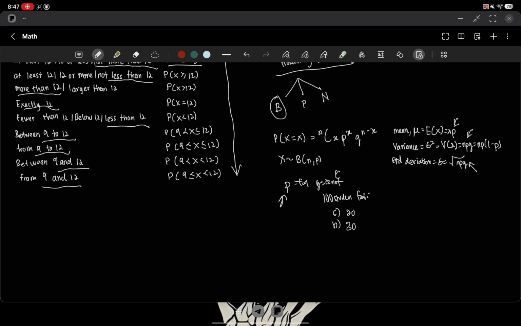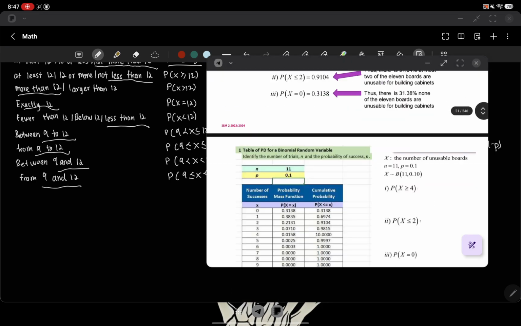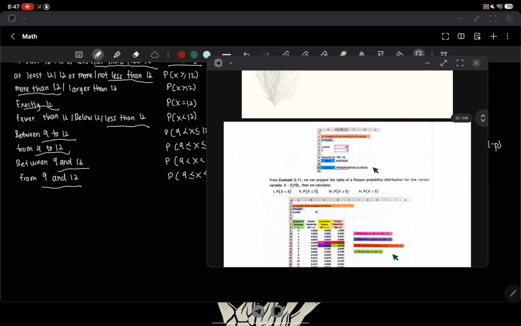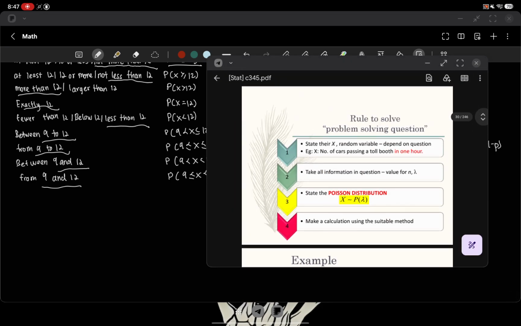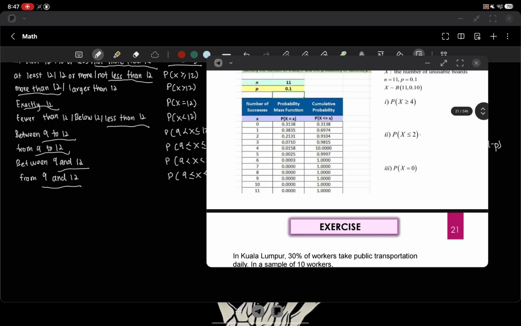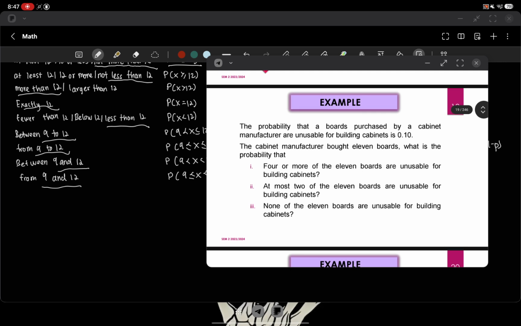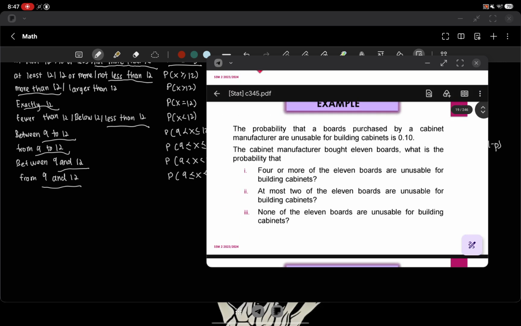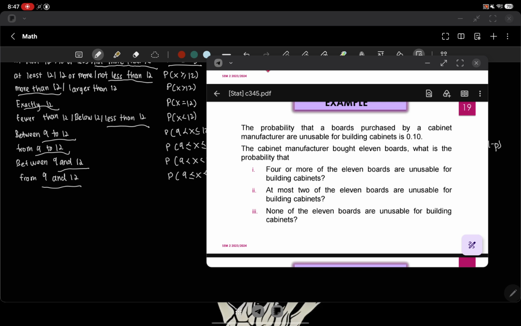So for example, if we see the example from the example slide that we have, the probability that a board purchased by a cabinet manufacturer is unusable.